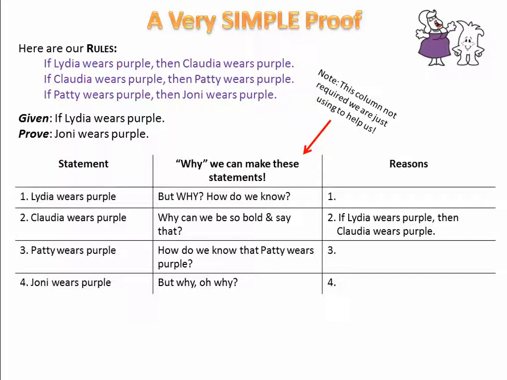This is a very, very simple proof, and it doesn't even have to do with math. The rules are, if Lydia wears purple, then Claudia wears purple. If Claudia wears purple, then Patty wears purple. If Patty wears purple, then Joni wears purple. Now our given states if Lydia wears purple, and we have to prove that Joni wears purple.